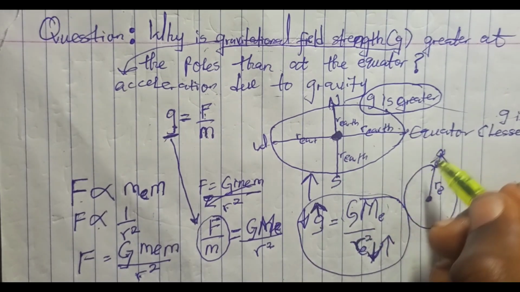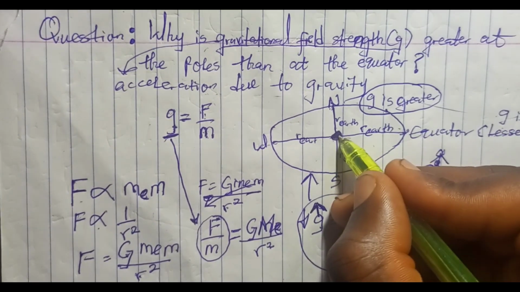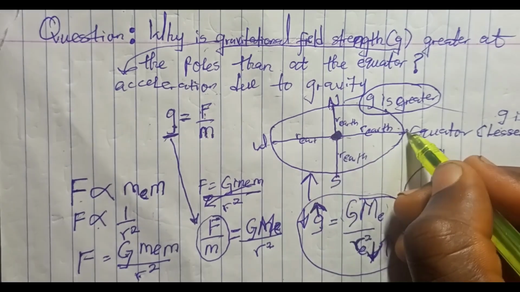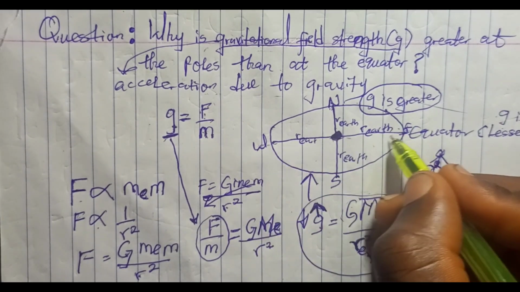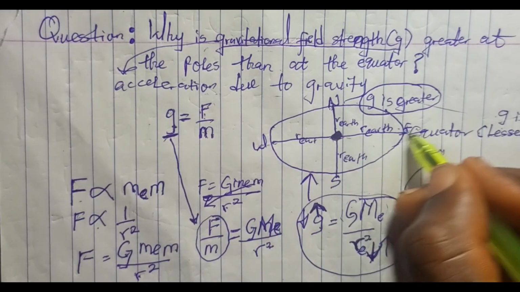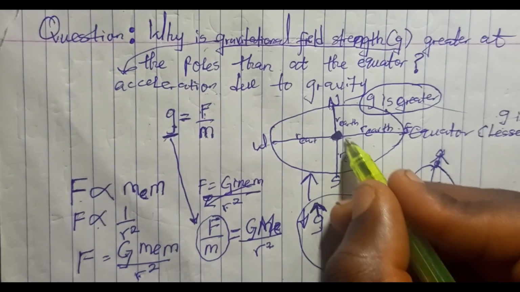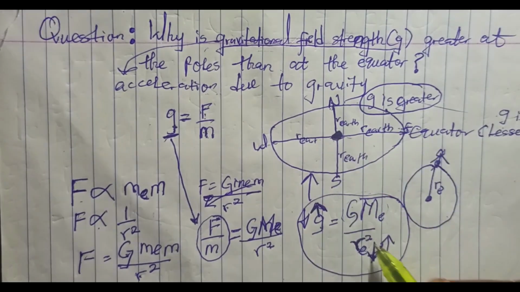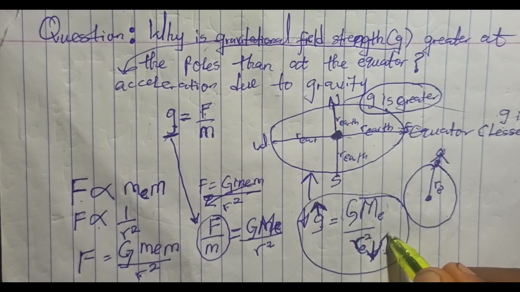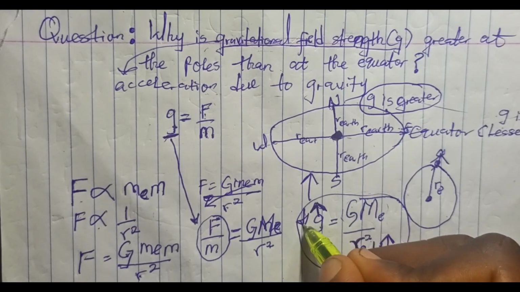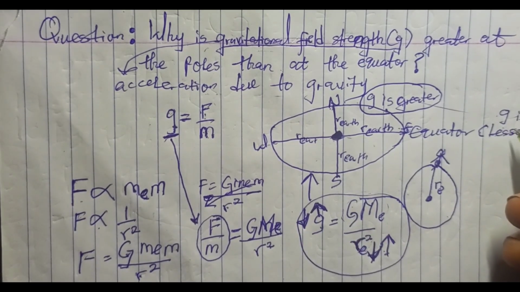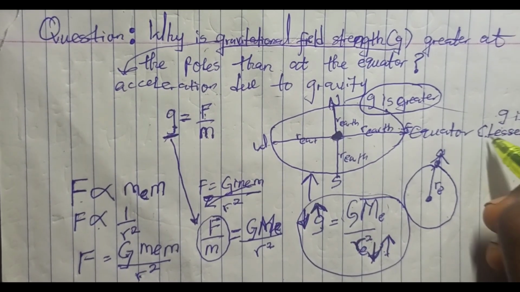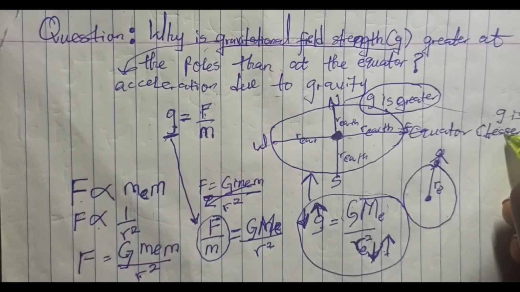Now, this means that at the equator, if you watch the distance between the center of the Earth and the eastern and western sides, the distance is very big. Therefore, if the distance is increasing, g has to be smaller. Then it means that the acceleration due to gravity has to be lesser. Does it make sense?